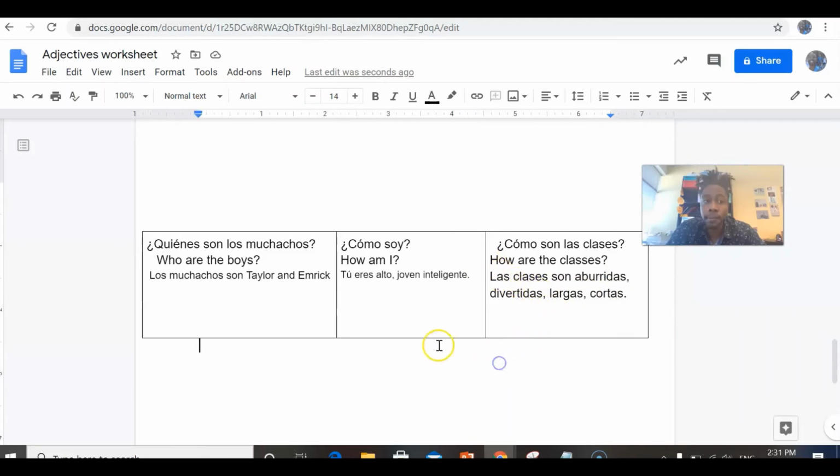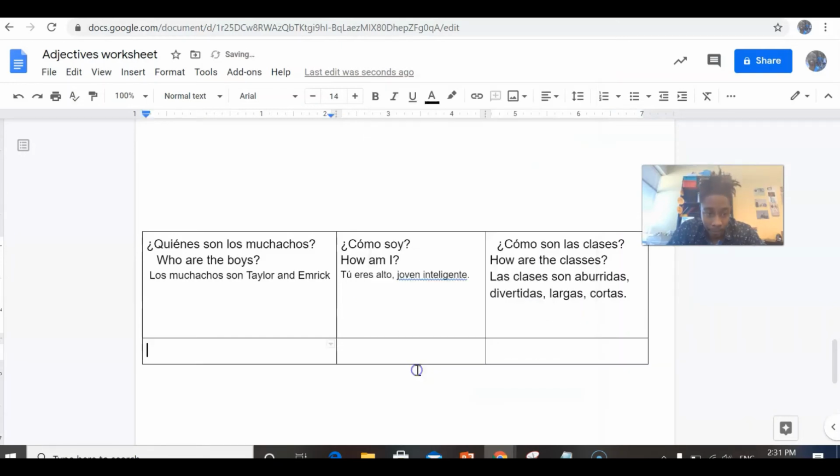All right, to continue on, add another row down here. We're going to go ahead and try a few sentences now. We're going to say something like, los alumnos son de Ecuador. Here we're going to say, tú eres un amigo bueno.